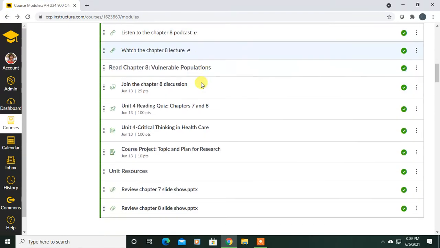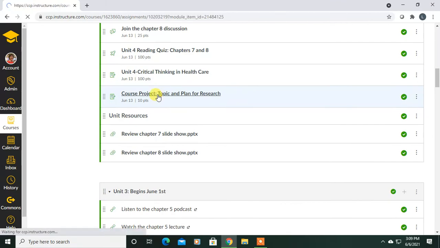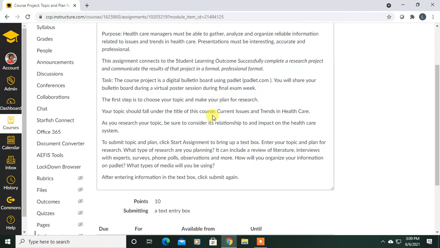Now, for this unit, you are going to choose a topic and outline your plan for your research. Your topic has to be related to the healthcare system in some way. It can't be only a health topic like obesity or diabetes. It must be from the perspective of the healthcare system.